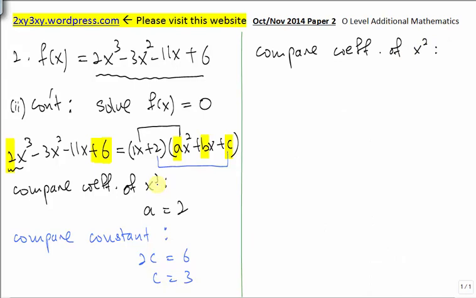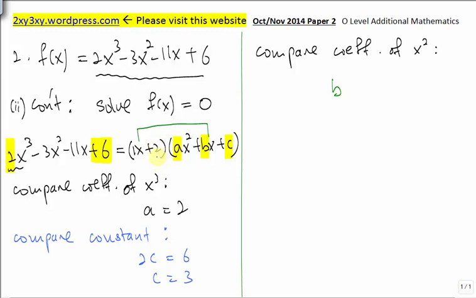After we compare the highest power and the constant, we can compare the coefficient of x squared or x. Here, I'm going to demonstrate how to compare the coefficient of x squared. To get the x squared term, we need to take x multiplied by another x, so this is 1 times b, which is b.